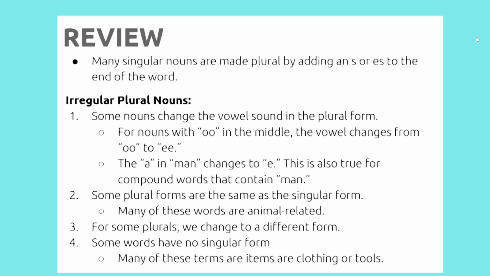When we see a word with a double O, we know that we are going to change the vowel sound from an O to an E. Such is the case with foot. Foot does not become foots, it becomes feet in the plural form. Man does not become mans, it becomes men in the plural form.